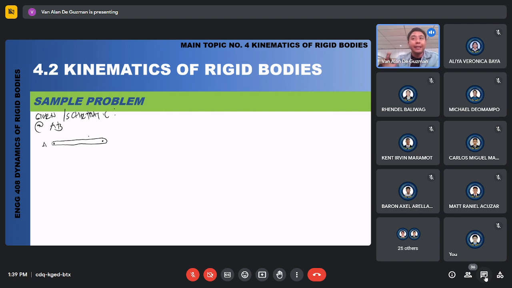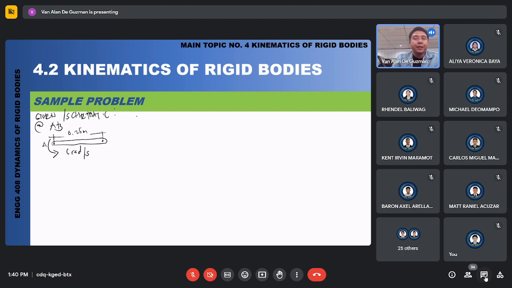Again, nire-reduce lang muna natin siya to its individual components. Meron tayo dito ang binigay na dimension. This is at 0.25 meters. And binigyan tayo ng ating angular velocity. Angular velocity natin is at 6 rad per second.